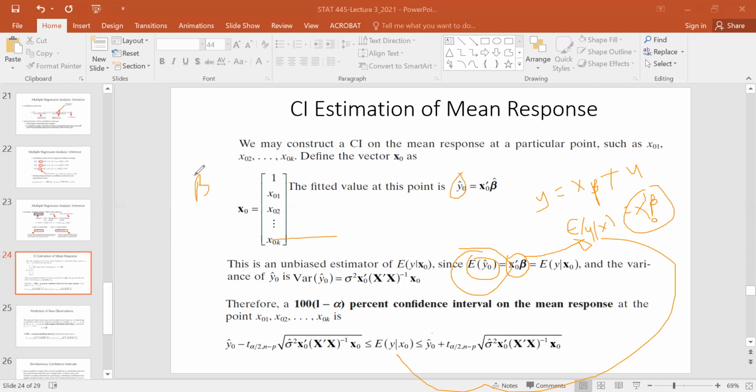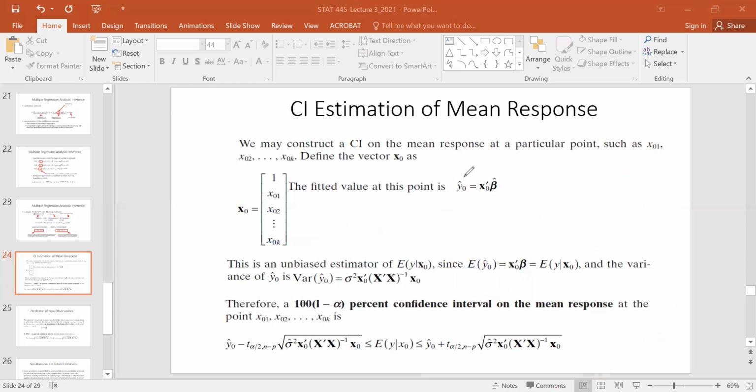Remember, if the expectation of beta hat is the true beta, then you have the true value here, and the unbiased estimator begins the confidence interval. It is the unbiased estimator that begins, and then minus the correction term, plus the correction term, in constructing confidence intervals. So that's the idea here.